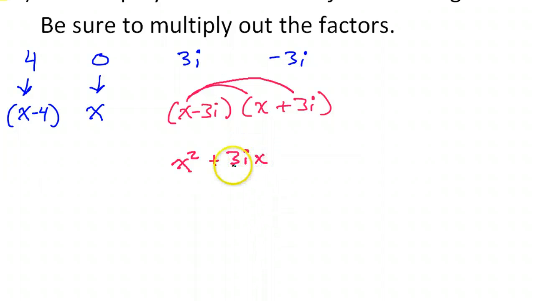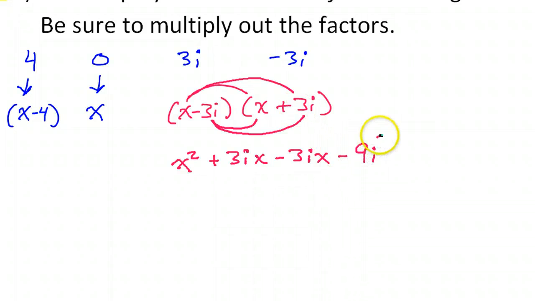I just try to keep it alphabetical when I have more than one variable. You should do the same. And then I'm going to double distribute the negative 3i. So negative 3i times x is negative 3ix, and negative 3i times positive 3i is negative 9i squared.